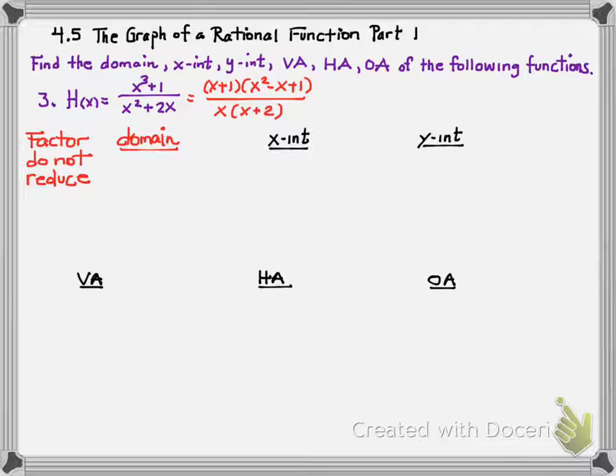We'll hold it right there, and we'll take a look at the domain now. That's where the denominator does not want to be 0. I've got an x all by itself, so x should not be 0. And then I've got that x plus 2, which also should not be 0, so x should not be negative 2.